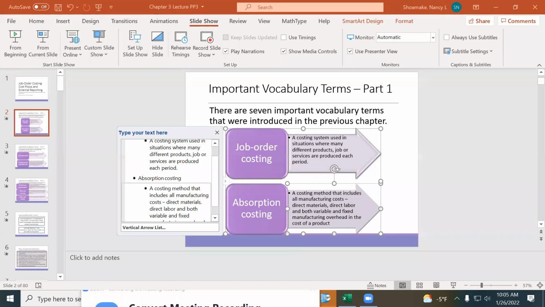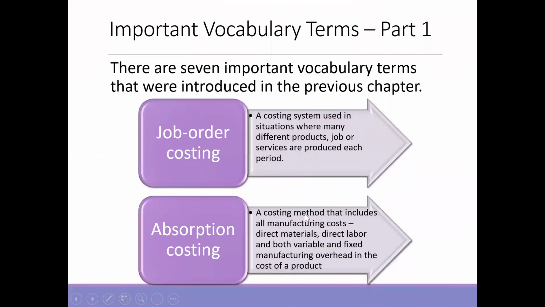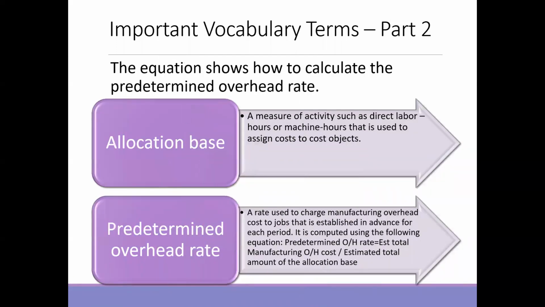Job order, keeping track of specific products because a lot are being made. Absorption, the costing method that includes all the manufacturing costs, direct materials, direct labor, variable and fixed, to add to the cost of the product.